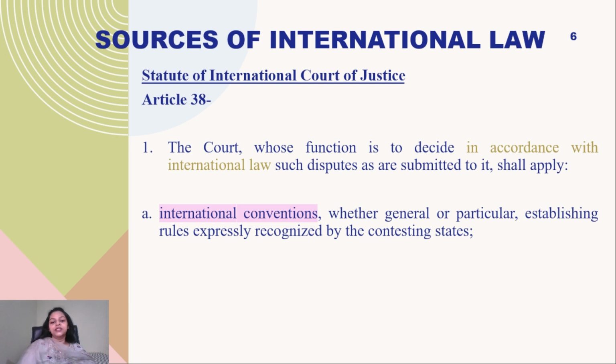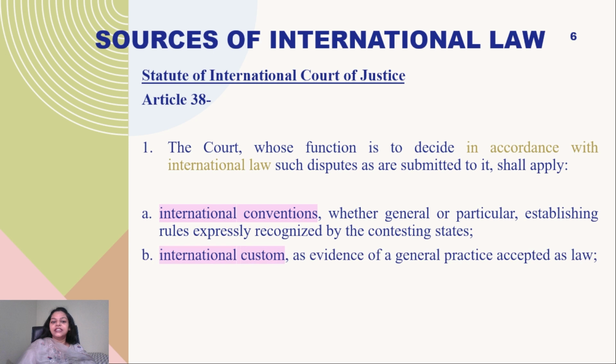The first source is international conventions, whether general or particular, establishing rules expressly recognized by the contesting states. Now, what is a convention? We'll talk about this in detail. So the first source is the international convention.